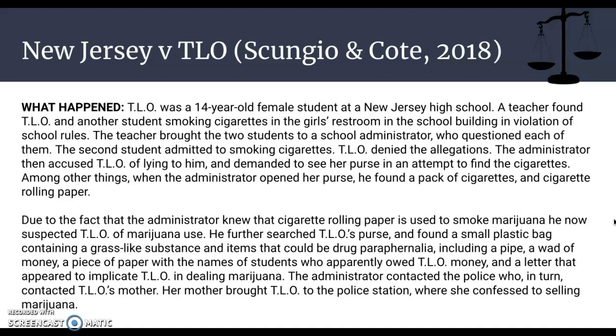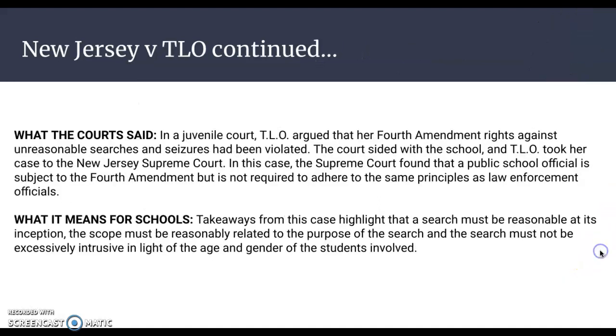So he further searched her purse and found a small plastic bag containing a grass-like substance and items that could be drug paraphernalia. So then the administrator contacted the police, who in turn contacted the student's mother. Her mother brought her to the police station, where TLO then confessed to selling marijuana.